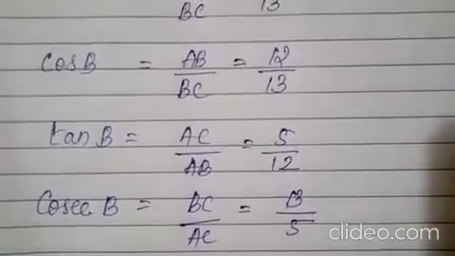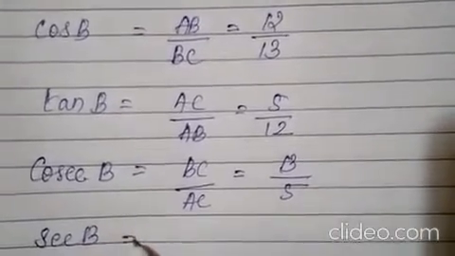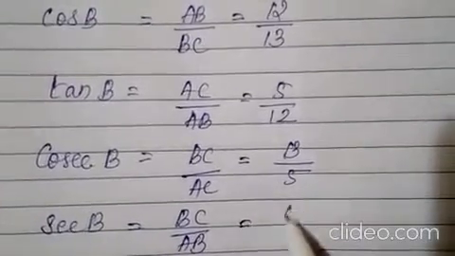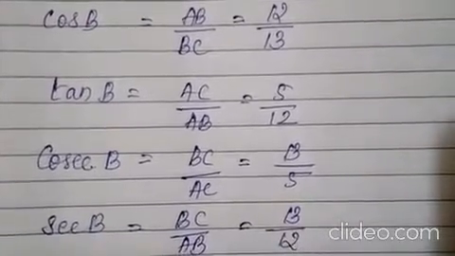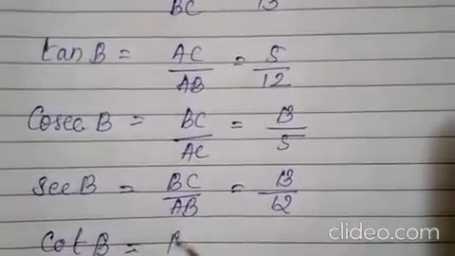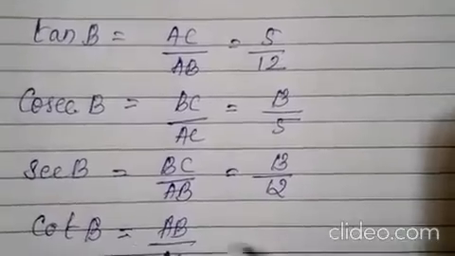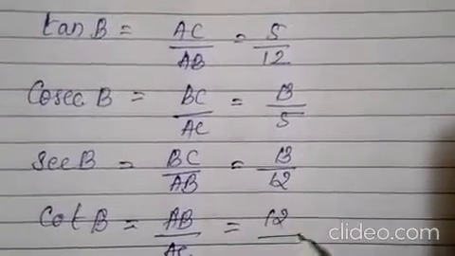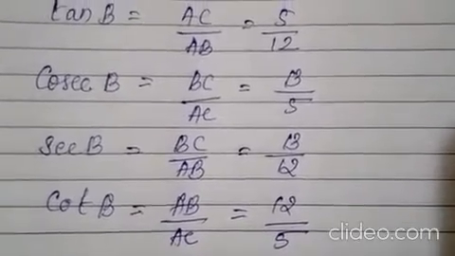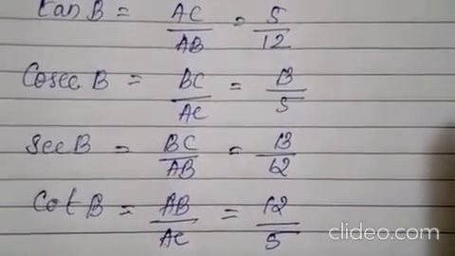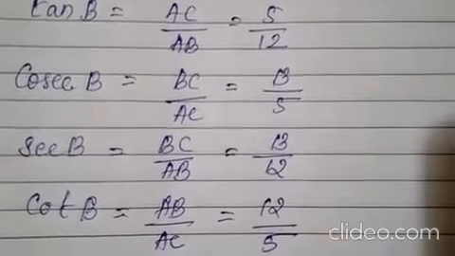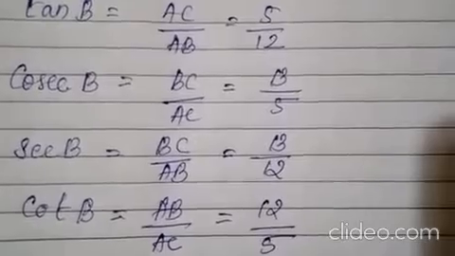Next one is sec B, that is BC by AB equals 13 by 12. The last one is cot B equals AB by AC equals 12 by 5. In this way we are finding the 6 trigonometric ratios. Here all the sides are given.